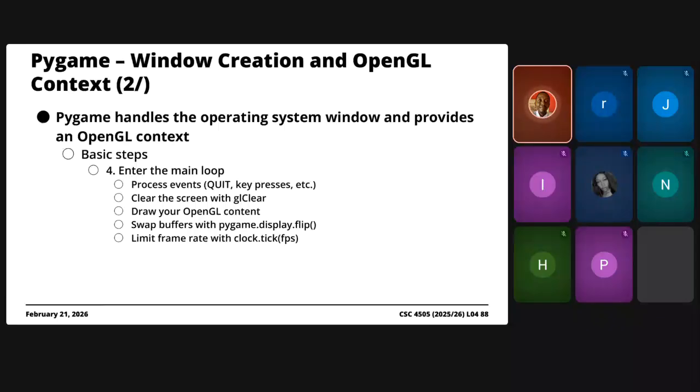I think I had mentioned glClear when we were briefly discussing the OpenGL API in lecture series number 3 or this same lecture series number 4, I can't remember. Again, in the main loop is where we'll be drawing the OpenGL content itself. So it could be a triangle or something like that. We'll also be swapping buffers using pygame.display.flip.